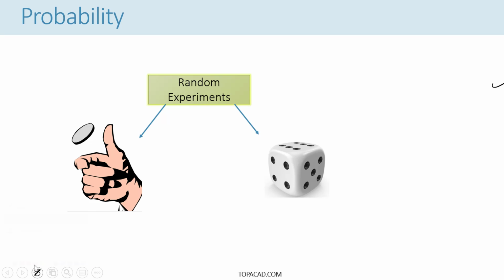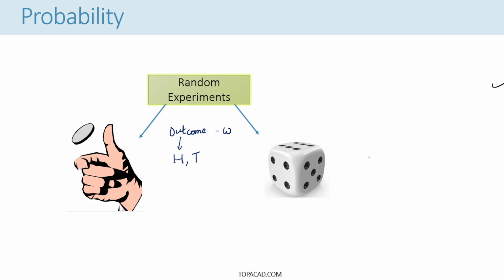Next thing that we need to know is what is an outcome of an experiment. When we toss a coin, we get either head or tail. Outcome is nothing but the result of a random experiment. Outcome is also represented by the symbol omega.